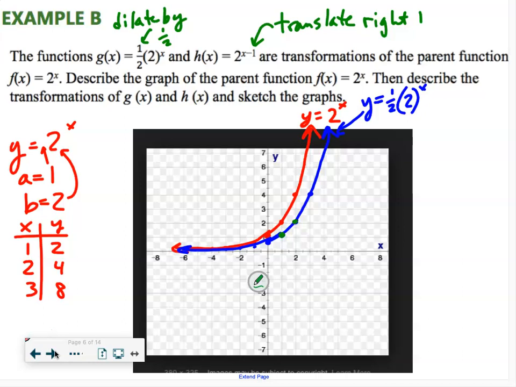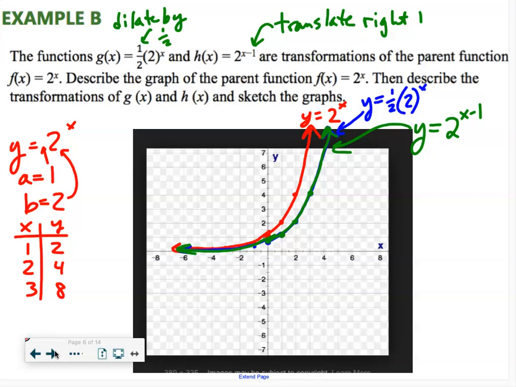Move to the right, move to the right, move to the right. What? That is crazy. It's like I'm right on top of my 1/2 times 2 to the x. So, anyway, there's a reason for that. I don't know if I should get into it right now. I think we get into that in just a few minutes when we get into our point ratio functions. So let's move on.